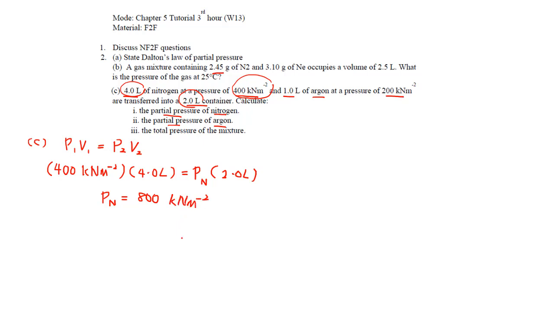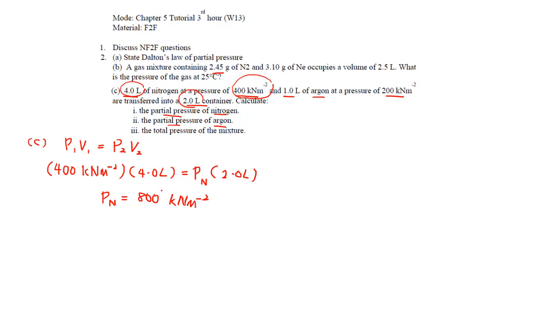Actually, through the relationship between pressure and volume in Boyle's law, you can determine the pressure value. The volume decreases from 4 liter to 2 liter, so the volume becomes half. So the pressure should double, that means from 400 kilonewton per meter square to 800 kilonewton per meter square.